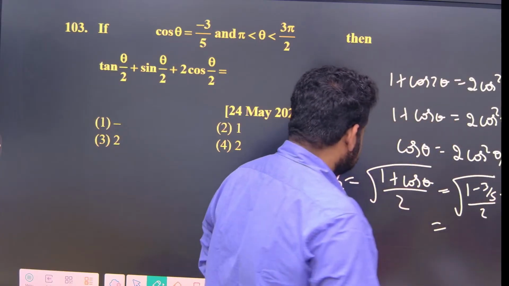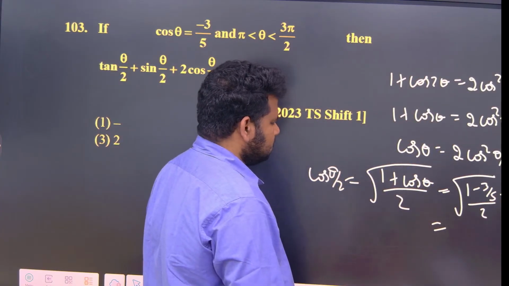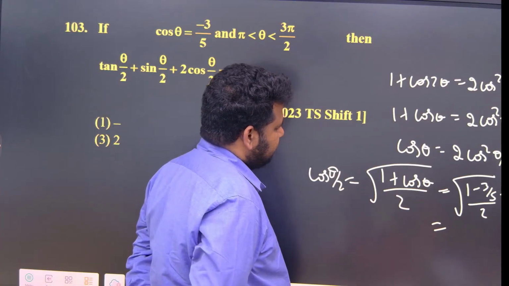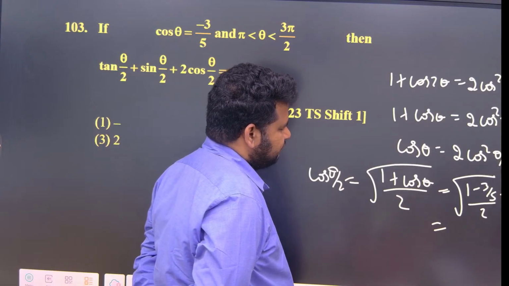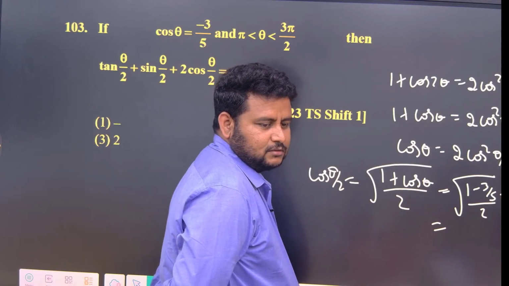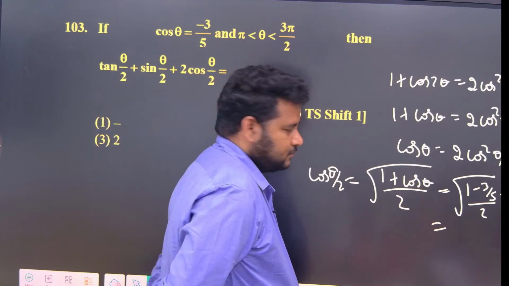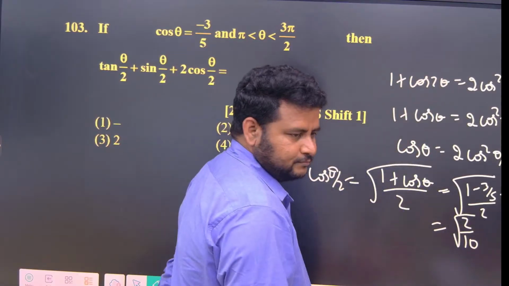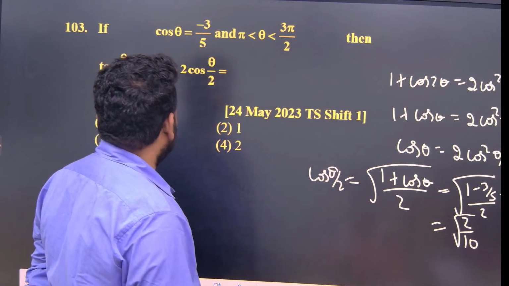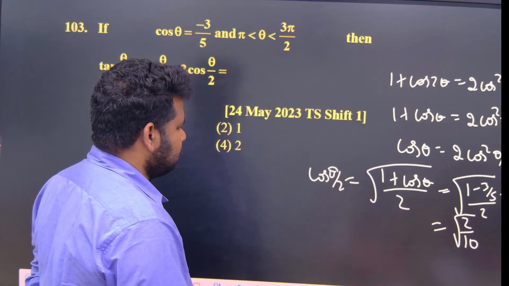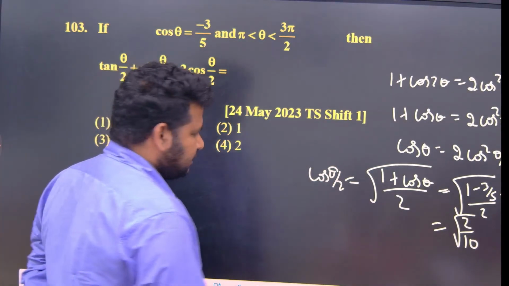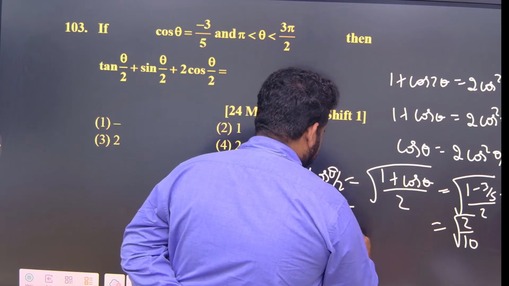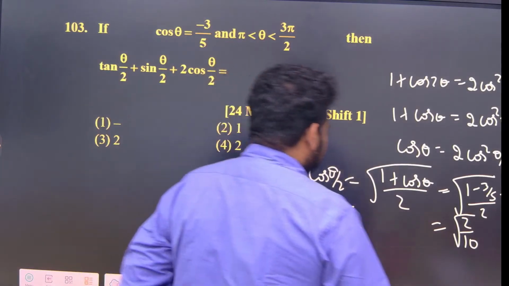Cos theta by 2 is what? Square root of 1 plus cos theta by 2. So 1 minus 3 by 5. 5 minus 3 is 2, 2 by 5. So what we'll have? 2 by 10, square root of 2 by 10. So that is what? Cos theta by 2. We want sin theta by 2 and tan theta by 2. What we can do here further?